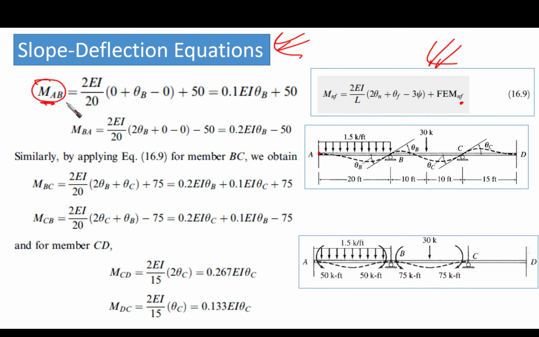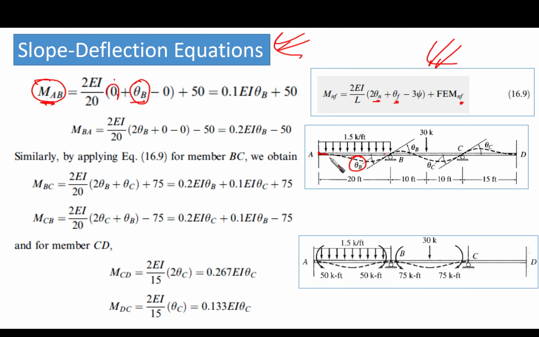This moment is going to be 2EI over 20 times 2 theta near. What is theta near here? It is the rotation at point A. It is fixed, so the rotation is going to be 0. Plus theta B, which is the theta at the far end, a value that we do not know. Minus 3 psi.